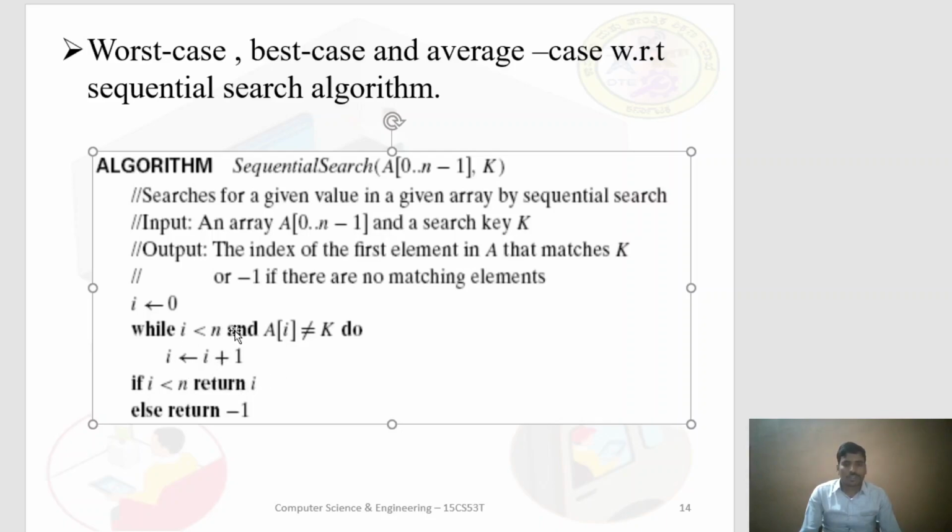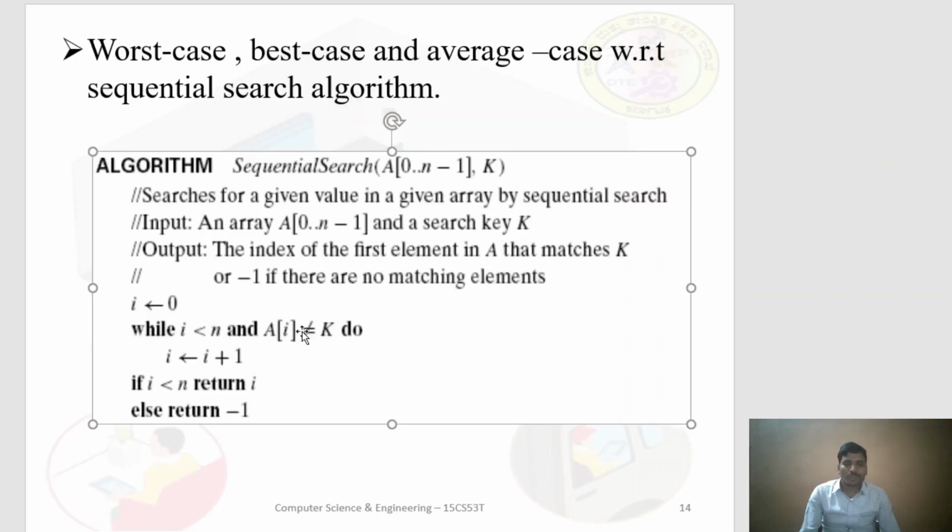So let us see the logic of this algorithm. Initially we initialize i equal to 0 and we use a while loop. We compare i with array size n. If i is less than n and A[i] is not equal to k, if these two conditions are satisfied, then only enter into the loop.